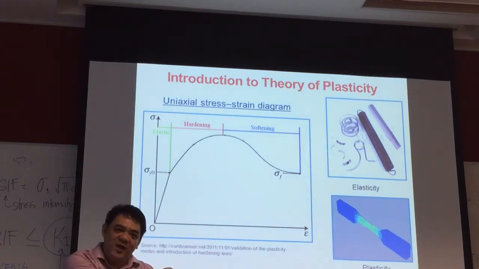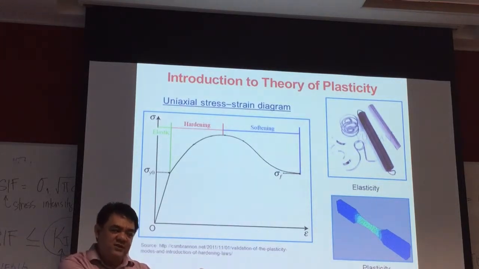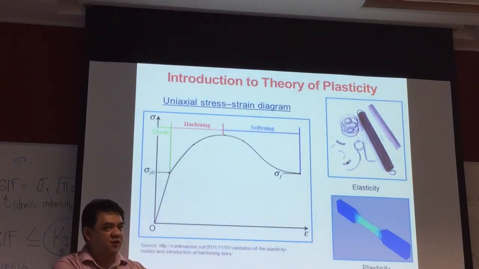So I need to apply more force greater than force A, yes? Meaning that my material hardened. So there is a strain, there is a work applied. So to be able to stretch that further, I need to apply a higher force. That's the principle of strain hardening.